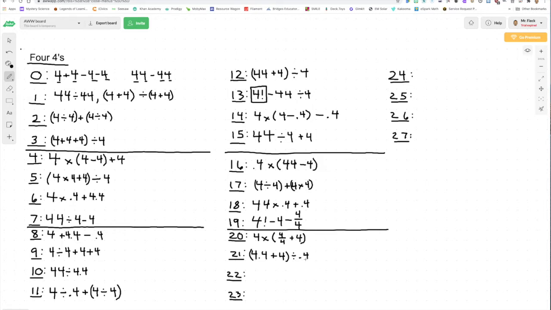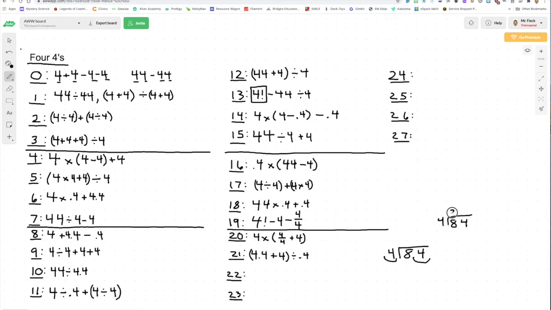So now let's work through this because it gets a little complicated. 4 and 4 tenths plus 4 gets me 8 and 4 tenths. And then if I divide that by 4 tenths, when we divide decimals, I can shift this decimal 1 over, I shift this decimal 1 over, and it really ends up being 84 divided by 4.